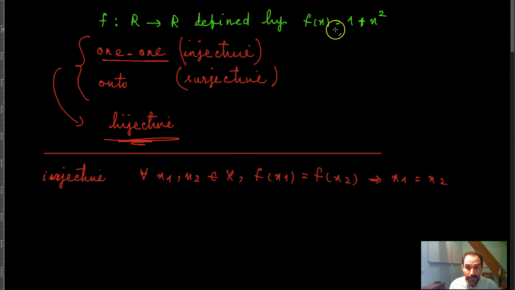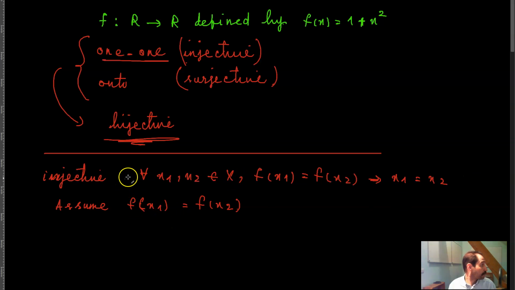Let's suppose that f of x1 is equal to f of x2. I want to know if that is true. So I assume that this is true, and if I can prove that the second part is true, then the whole statement is true.